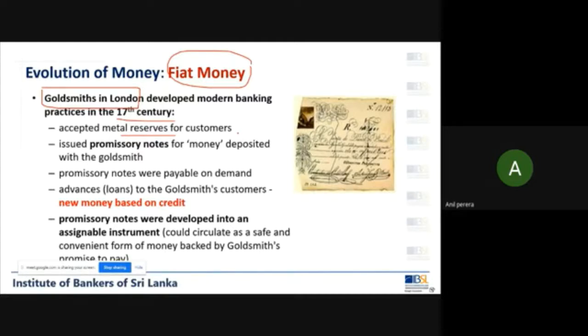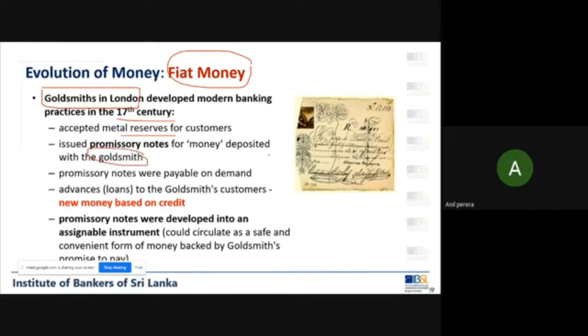So sterling was basically used there, and as I said, because of the problems in commodity money, people used to deposit with certain institutions, and for that they issued promissory notes. So these promissory notes were issued for money deposited with people. One of these people was goldsmiths.